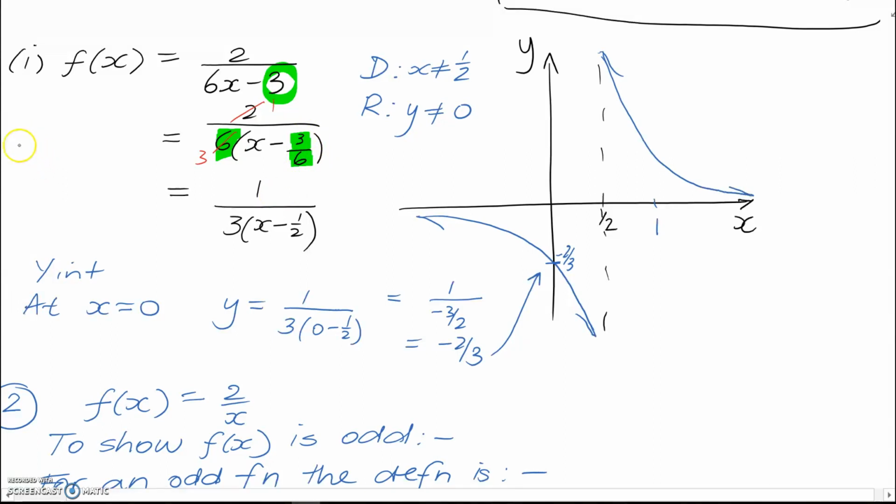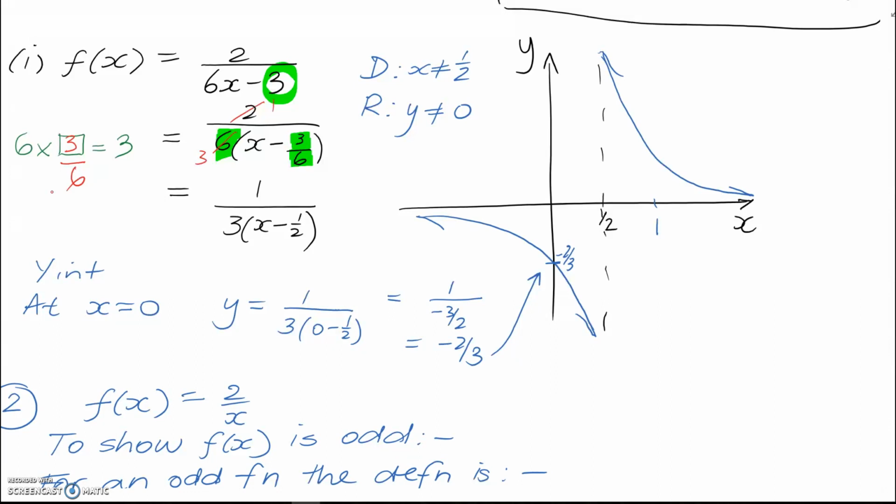Well, think about it. 6 times something gives you 3. So what has that got to be? Well, I want a 3 and I don't want a 6. See how that works? So 3 over 6 is the same as a half.